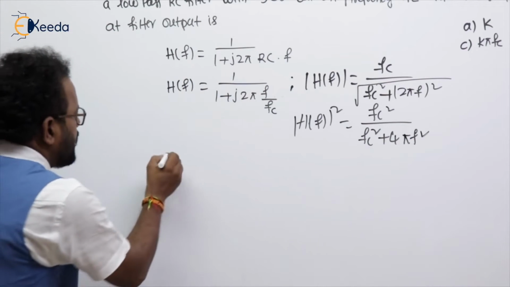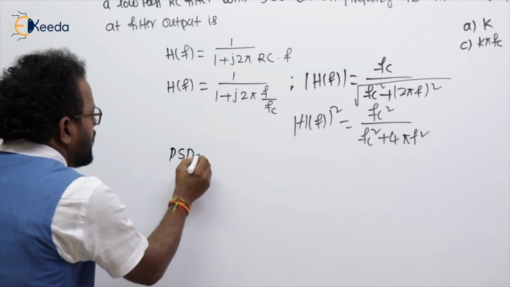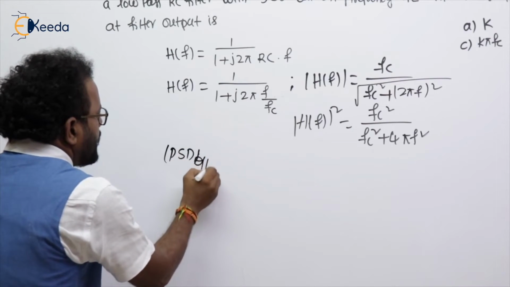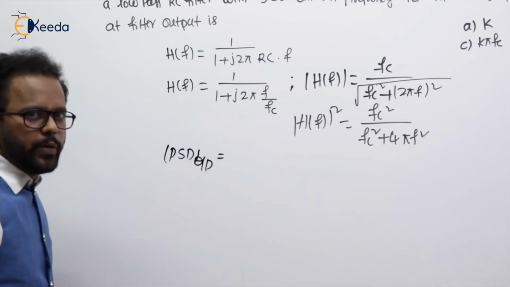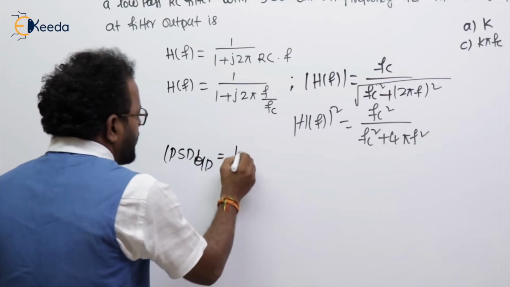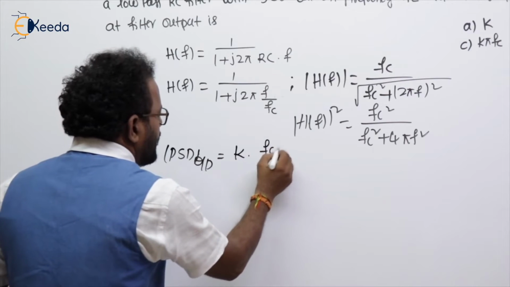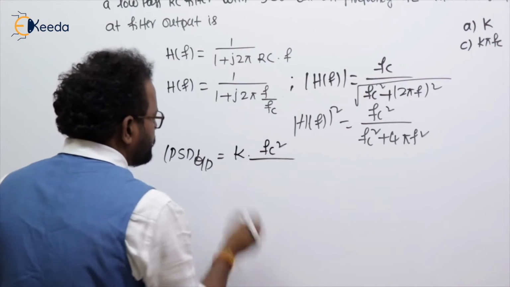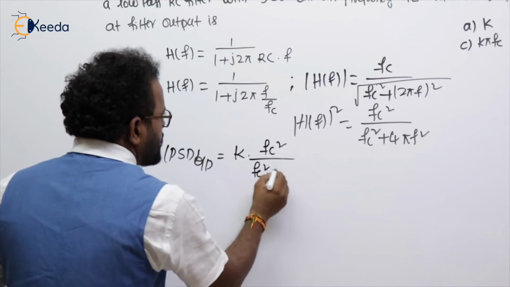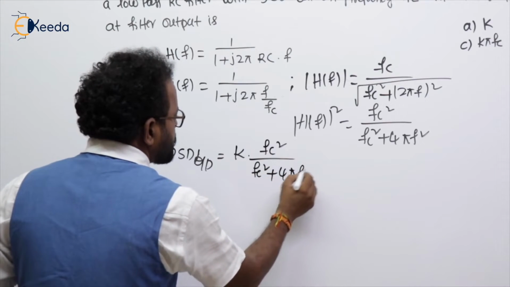But he is asking for the power at the output. First I am calculating the power spectral density at the output. The power spectral density at the output is nothing but the power spectral density at the input into mod H of F whole square, that is K into FC square by FC square plus 4 pi square F square.